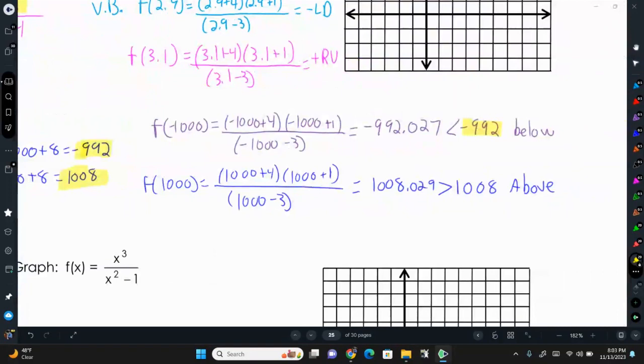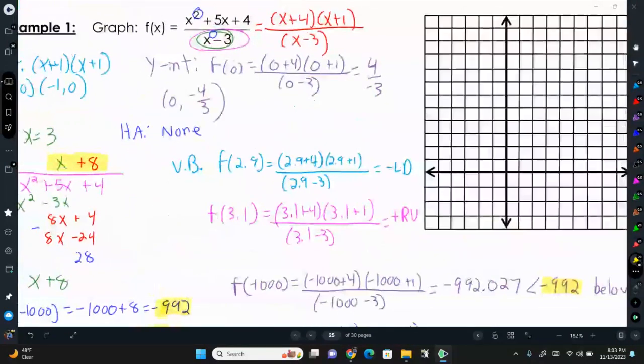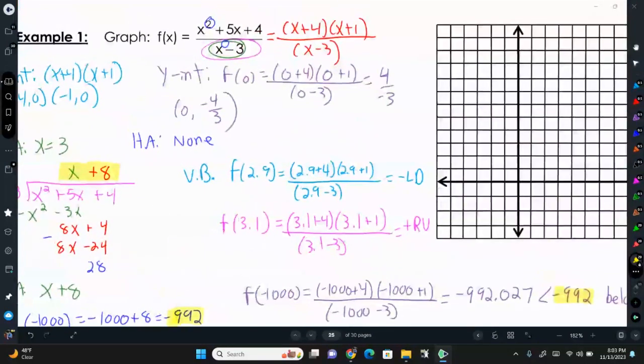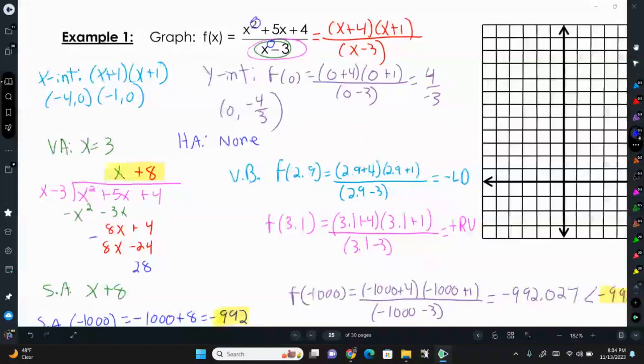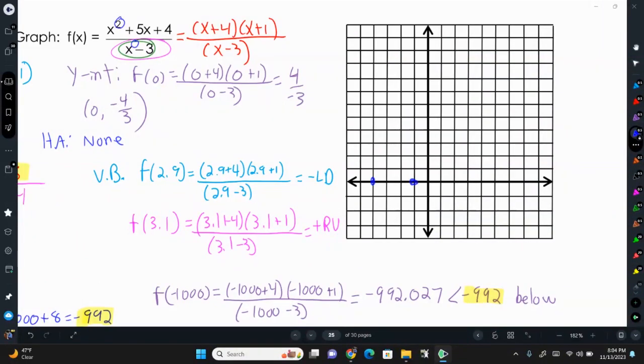All right, now we have all our information and we're going to start with our sketch. We have our x-intercepts at negative 4, 0 and negative 1, 0. We have our y-intercept at 0, negative 4/3, which is a little bit smaller than negative 1.